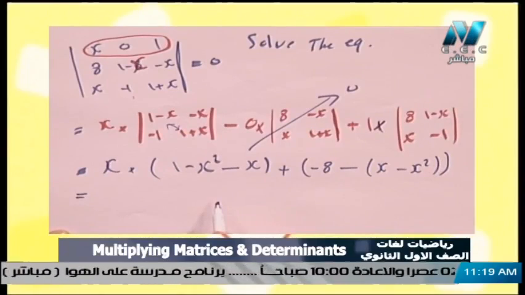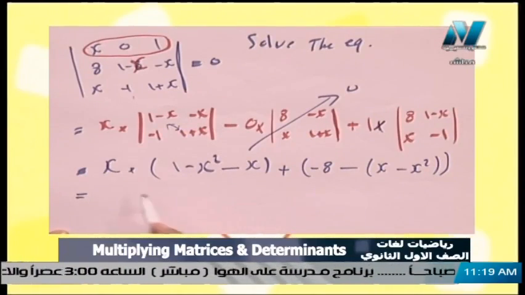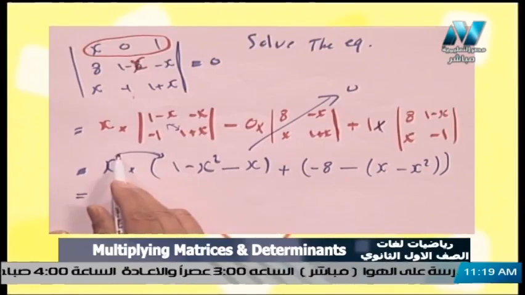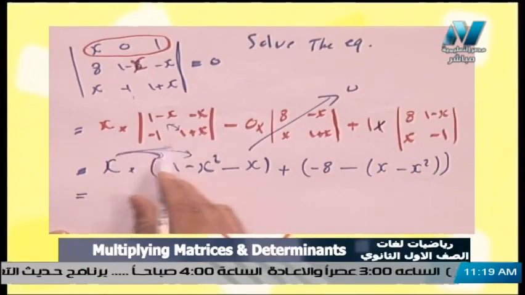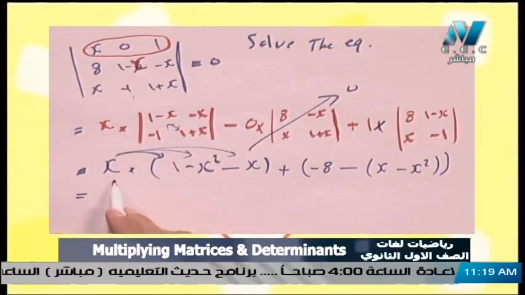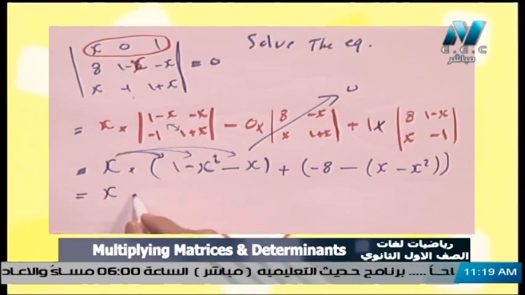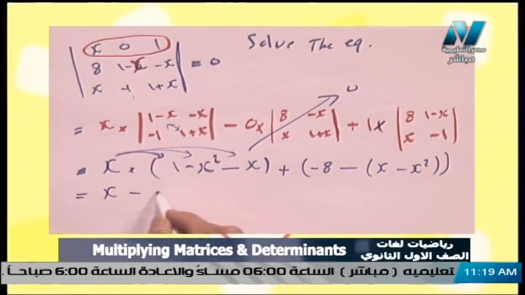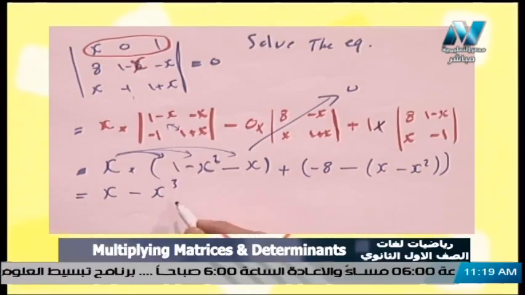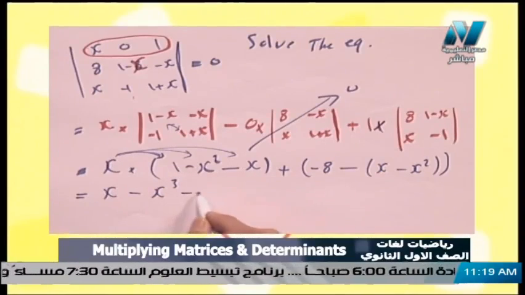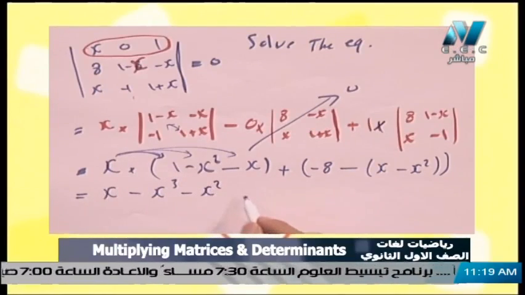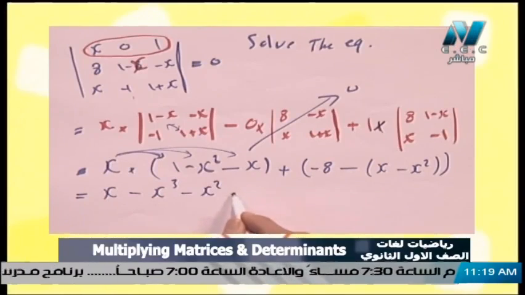We will try to find the result of this. X multiplied by 1 multiplied by x to the power 3 multiplied by x. X times 1 equals x, minus x times x to the power 2 equals x to the power 3. X times -x equals -x to the power 2. And we have -8 here.